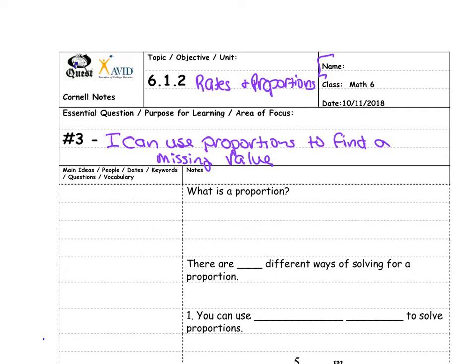All right, a proportion. We're going to be talking about proportions today, and we touched upon it in our last mini unit. A proportion is just two ratios that are equal to each other.